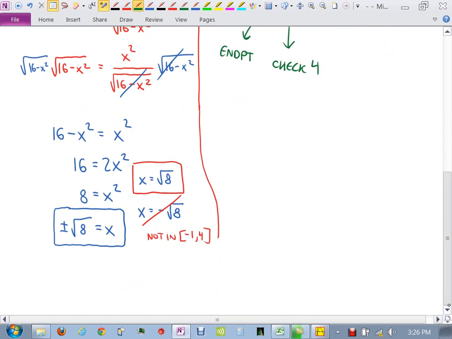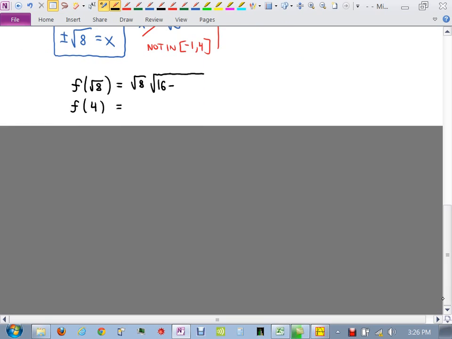So let's just be precise. We'll finish this up. Here's me checking. I need to figure out what f of root 8 is, and I need to figure out what f of 4 is. We'll go ahead and do it now. And that's going into the original function, which I forgot. Oh, no, now I remember. So it'd be square root of 8 times square root of 16 minus, what's the square root of 8 squared?